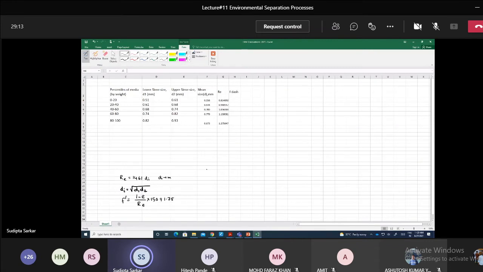And here we know e equals 0.5, so we can write 0.5 divided by RE into 150 plus 1.75. Okay. So e equals 0.5. Fine. So I can now write the formula for f dash.